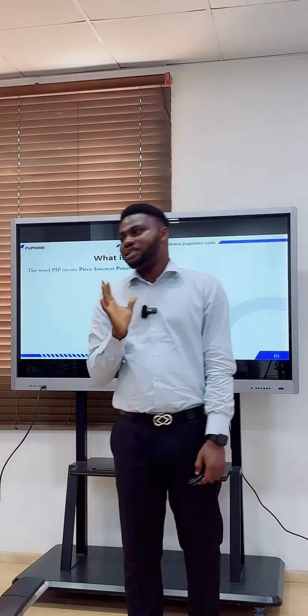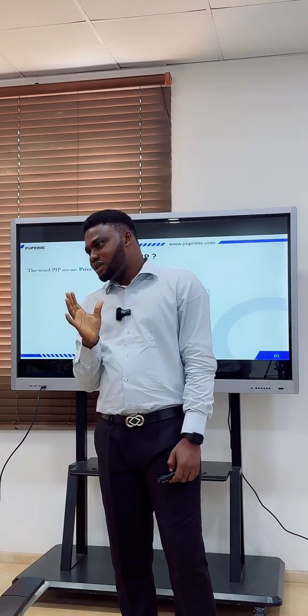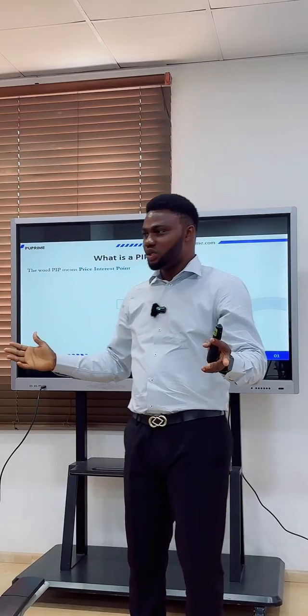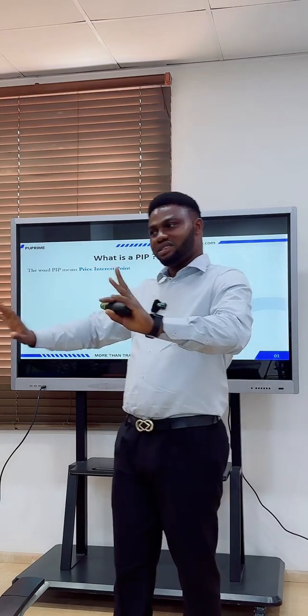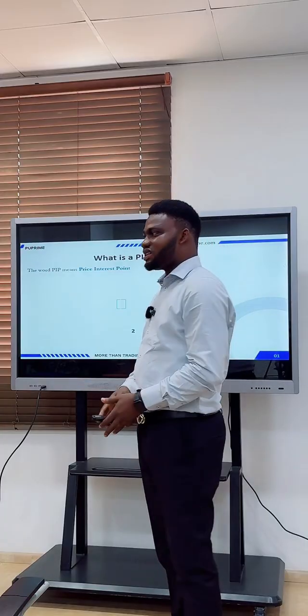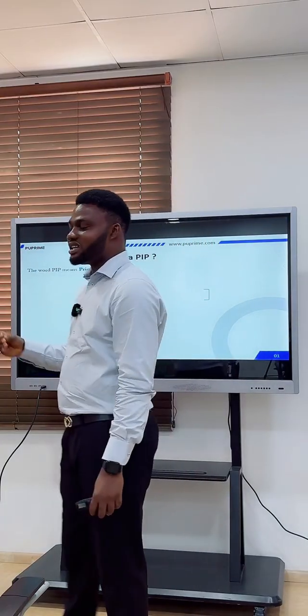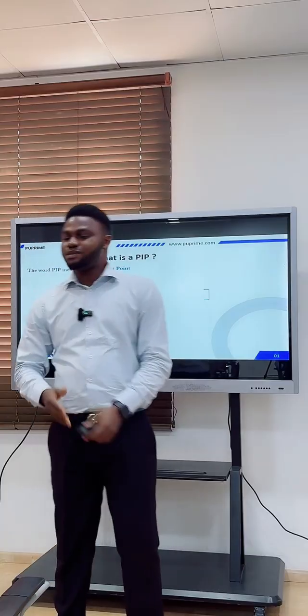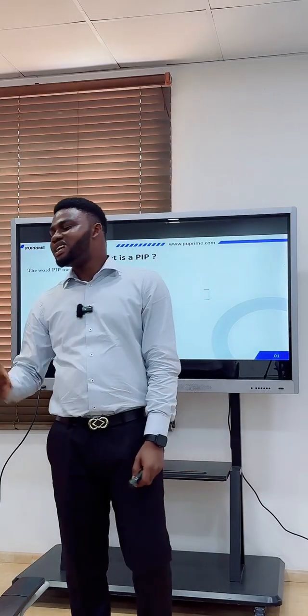Now, just like we said earlier, the market is not static, unless it is the weekend, when there are no economic activities going on. But from Monday to Friday, it's expected that at every single time the market is active. So we expect a movement in the market, either to the upside or to the downside.